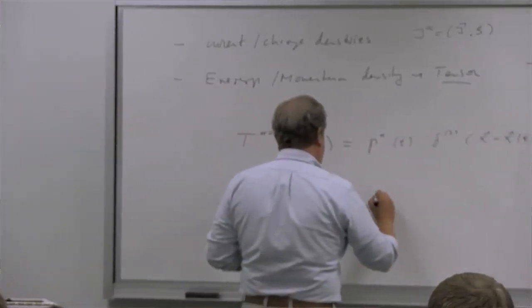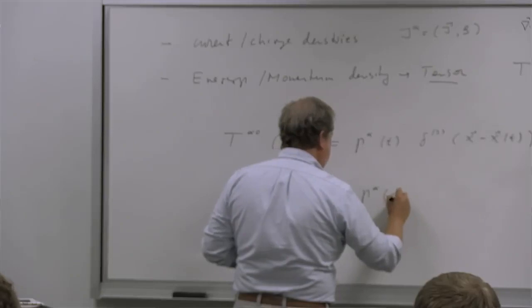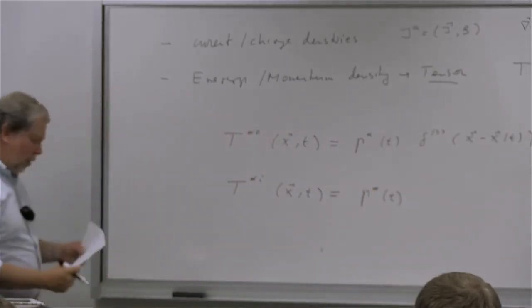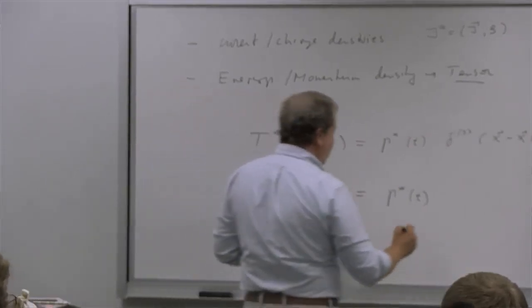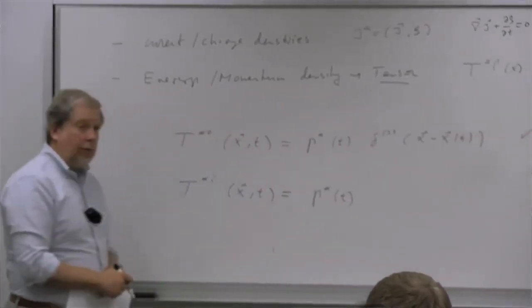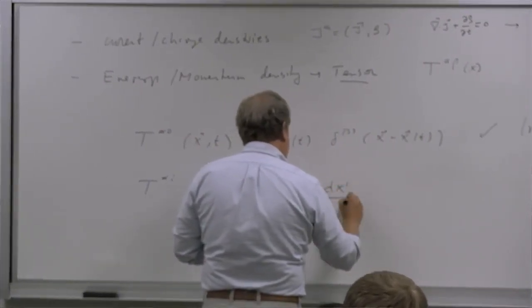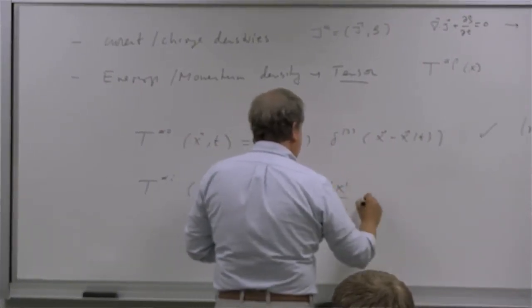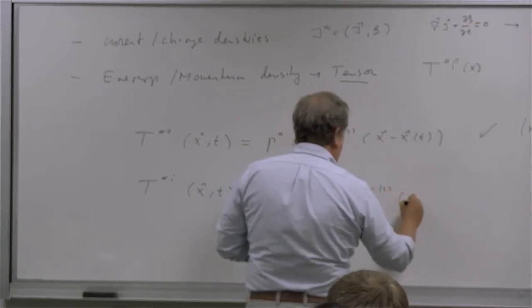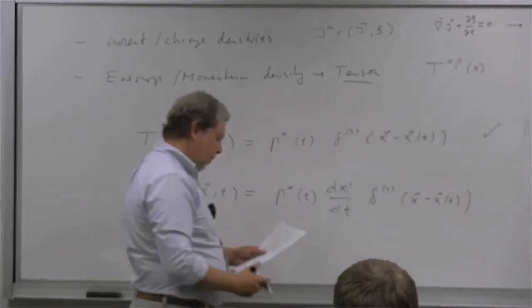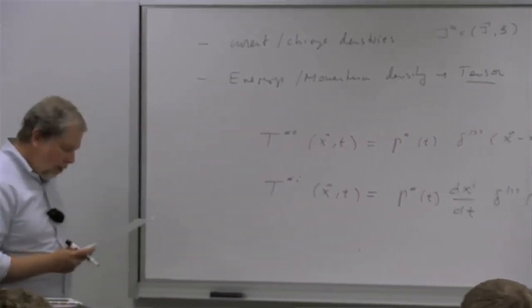And so the first component, of course, has to be, again, the same P alpha we have here, because this index here is unchanged. And so in order to have the flow of the momentum and the energy, we need to have a velocity appearing in here. And so that's dx^i by dt times delta 3 of x minus x of t. Very good.